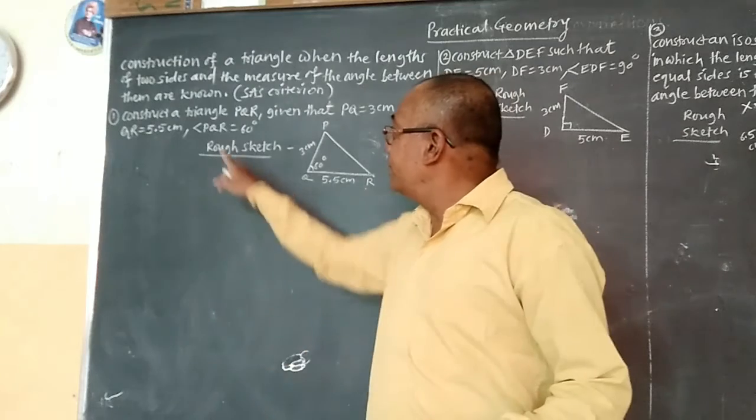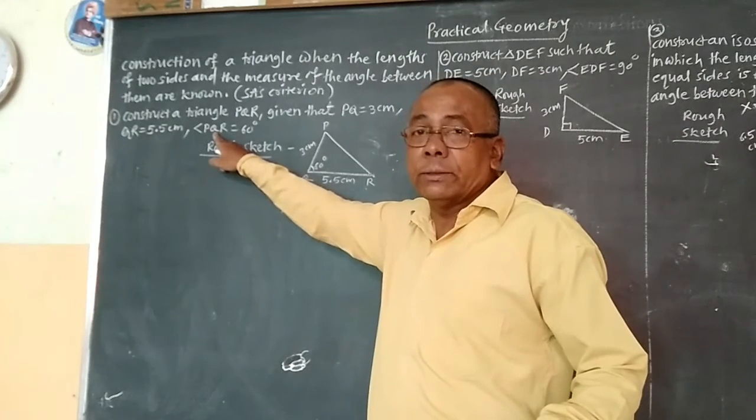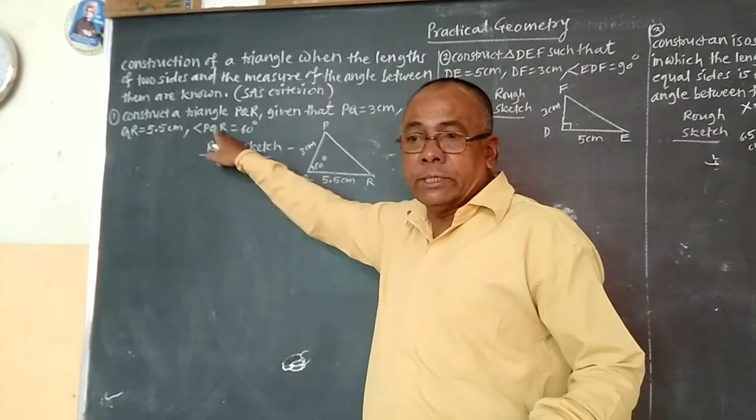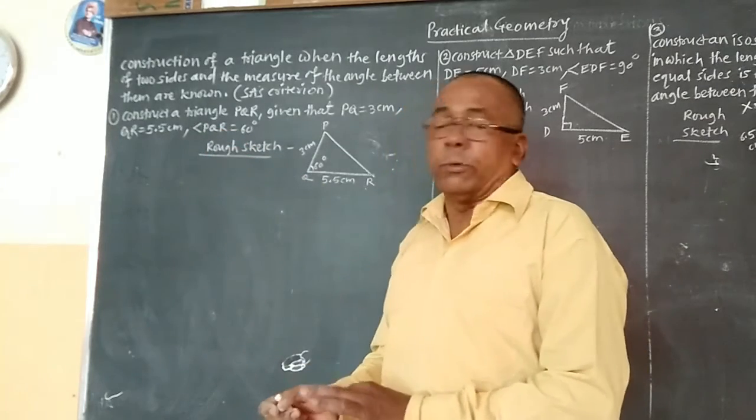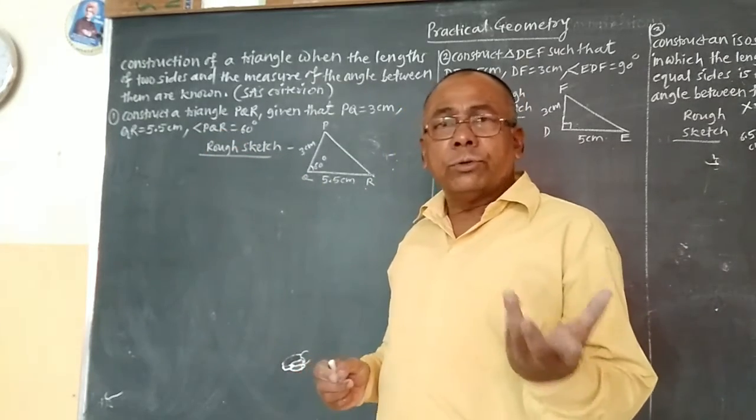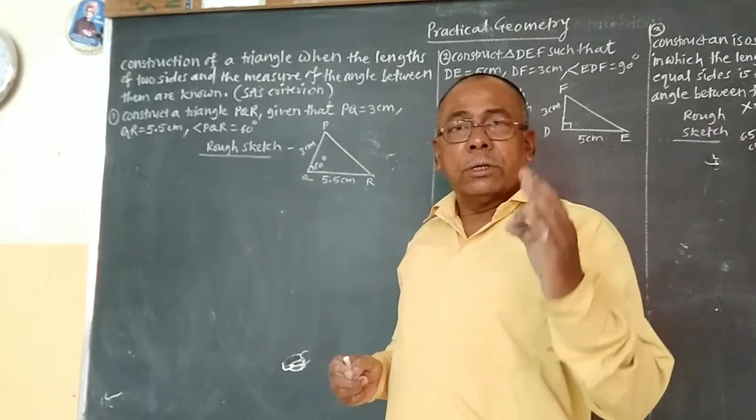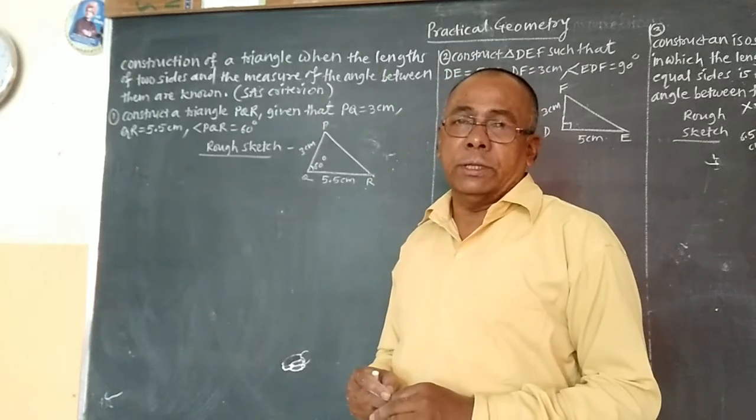Means here measurement of angle Q is given. So first of all, we have to draw a rough sketch of the given triangle.